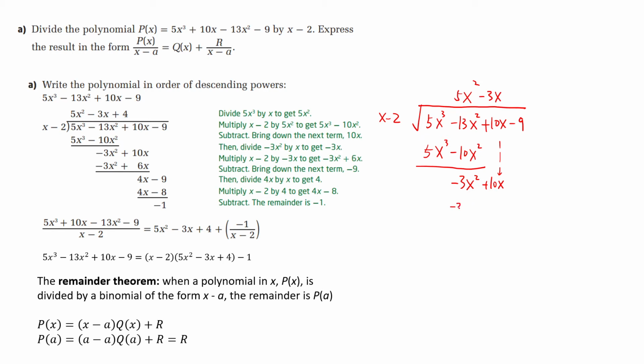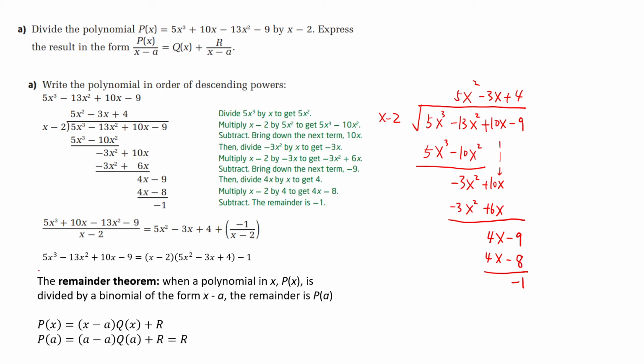So we have −3x² + 6x, subtraction gives 4x − 9, then plus 4, we have 4x − 8, then the remainder is −1. So this division can be written as the quotient and the remainder. Or normally we prefer to write in this form.